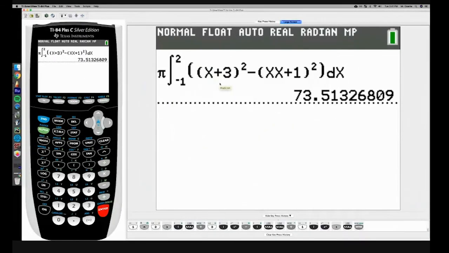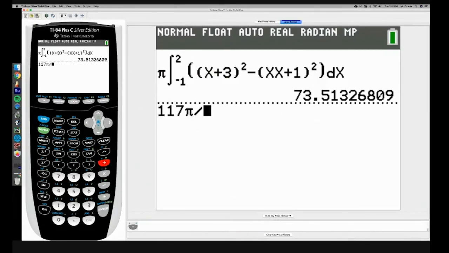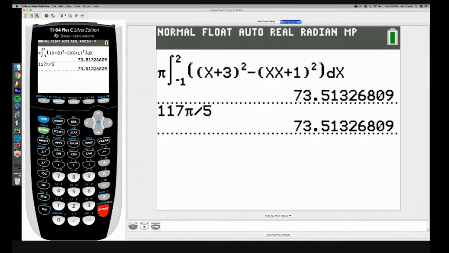And then we ended up with 117 pi over 5. Cross your fingers. Boom.